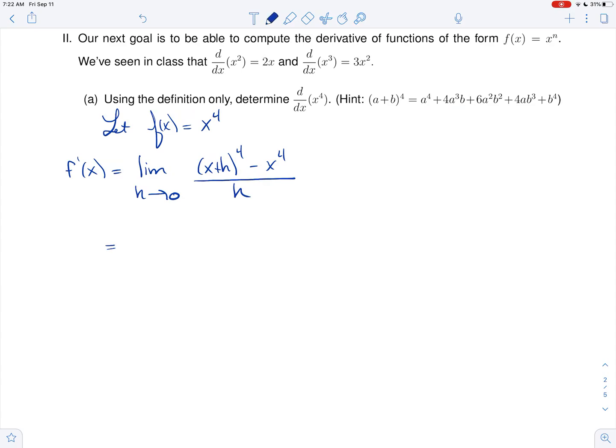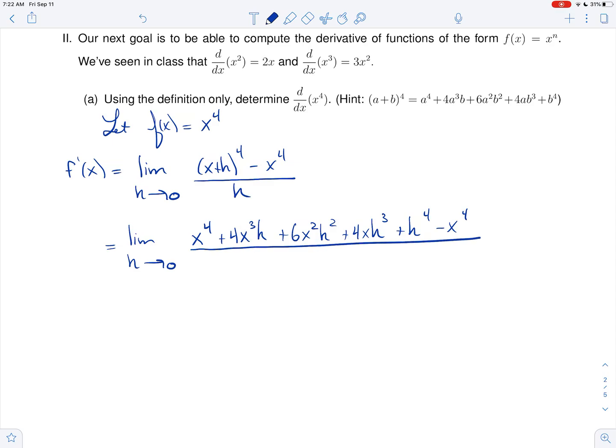So I'm just going to write this as the limit as h goes to 0 of, expanding, I get x to the fourth plus 4x cubed h plus 6x squared h squared plus 4x h cubed plus h to the fourth minus x to the fourth, all over h. And you have to love how at the very end this term and this term cancel, so we're left with just the middle terms.